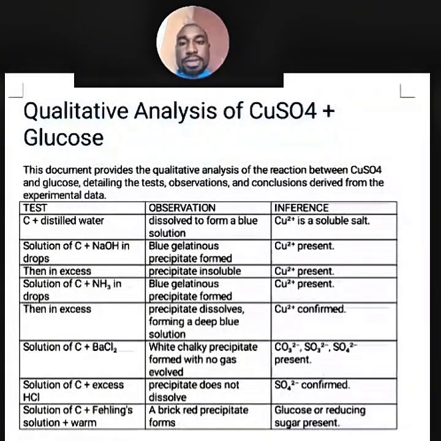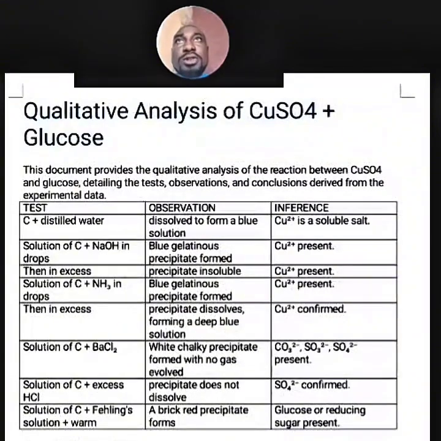Of copper sulfate. Alright, then the second test will be solution of C plus sodium hydroxide in drops. The observation will be a blue gelatinous precipitate formed.